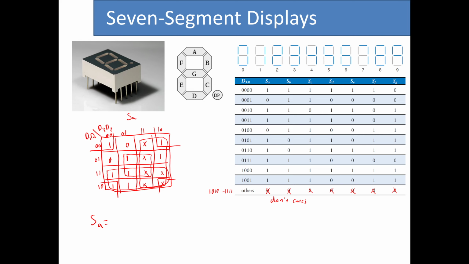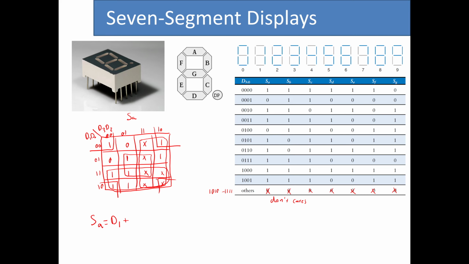for this 8-cell circle, D3 and D2 have both values of 0 and 1, so I don't include them. D1 is always 1, so I have D1 itself, and D0 has both 1 and 0 values too, so we don't have to include it.